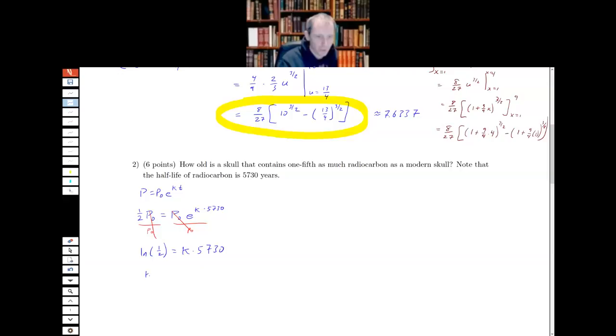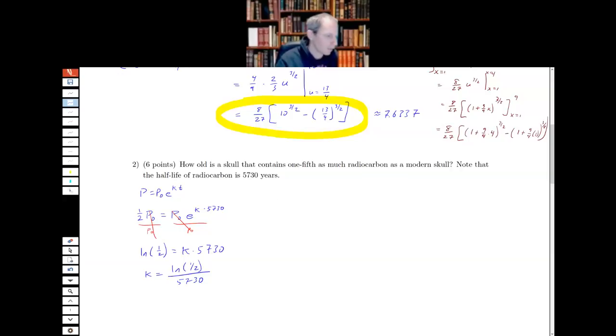Okay, so k is just ln of 1/2 divided by 5,730. This is also, 1/2 is 2 to the negative 1, and in logs you could take a power and bring it out front. So this is the same as negative ln of 2 over 5,730.